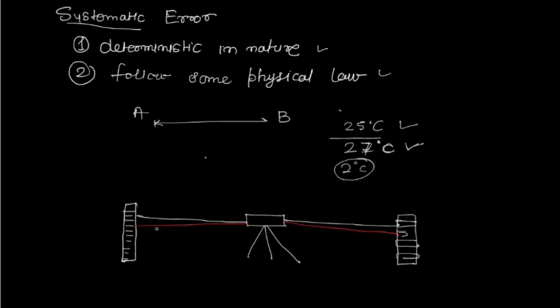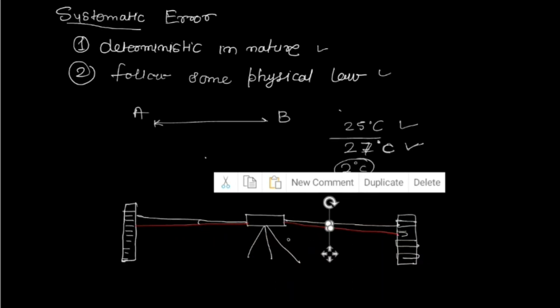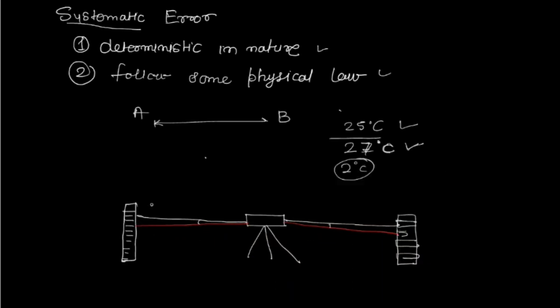When you read the backsight, with this angle, the distance is the same. The amount of error introduced here due to this non-alignment of the two axes, let's say E, and the distance is also the same. From here to here the distances are the same, and it is the same angle, so the error introduced in the reading is the same.